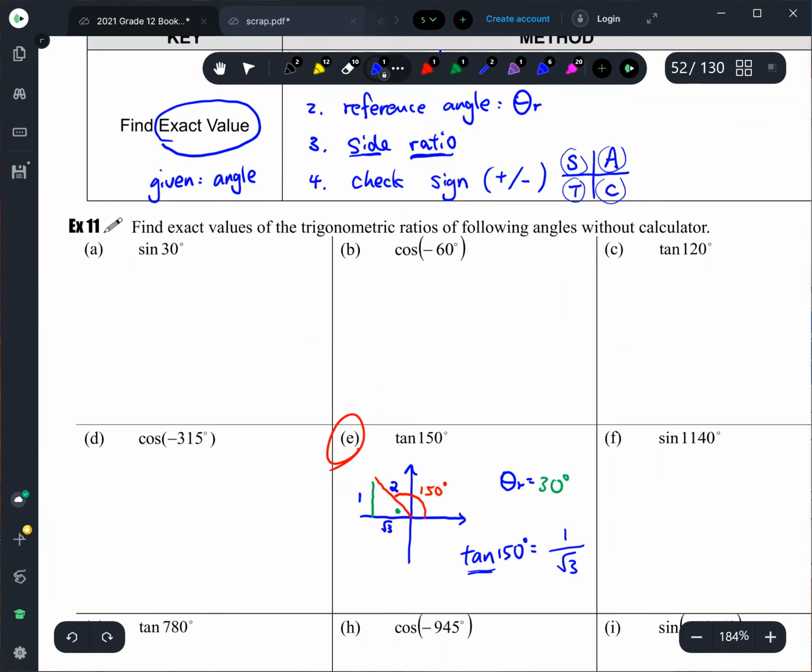So we are in the second quadrant with a tangent. Tangent in the second quadrant, positive or negative? If you know the answer, please raise your hand.